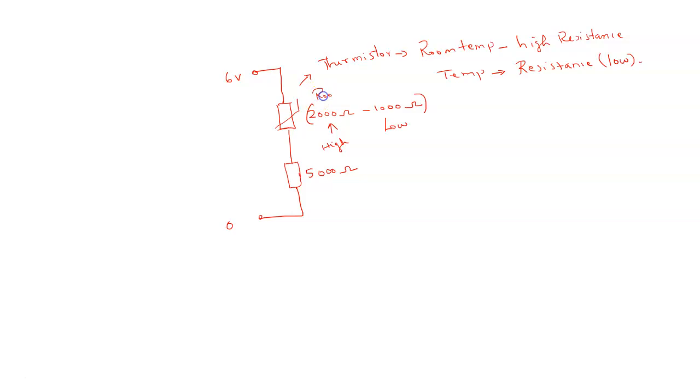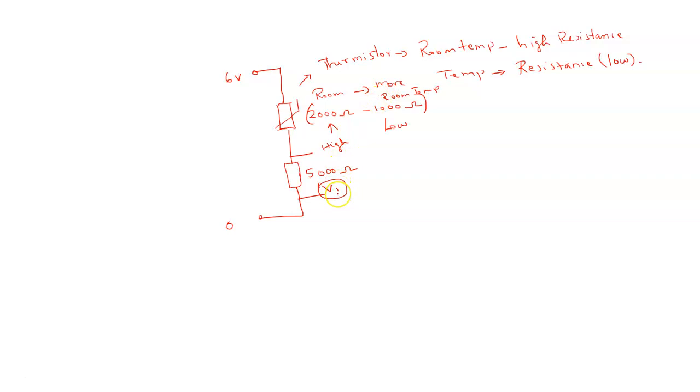Here is room temperature, and this is more than room temperature, so resistance decreases. Here I have connected a voltmeter. I want to find the voltage across the fixed resistor during room temperature and more than room temperature.